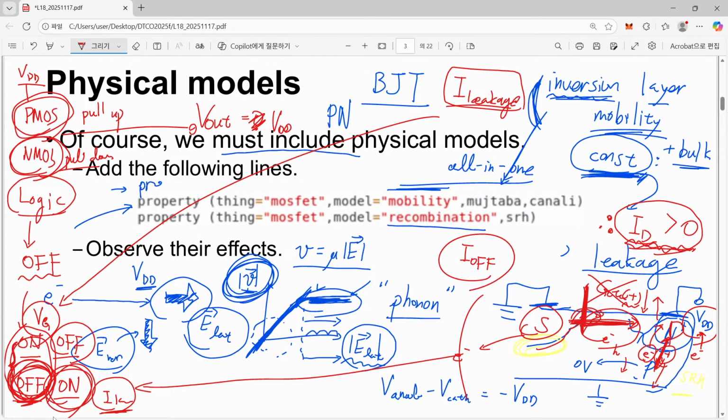This is the more important one, because the lifetime of your electronic system, meaning battery life, is determined not by on current but by this off current.